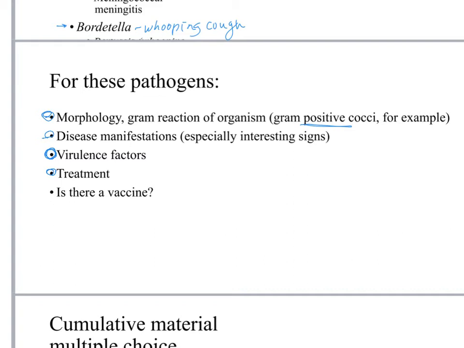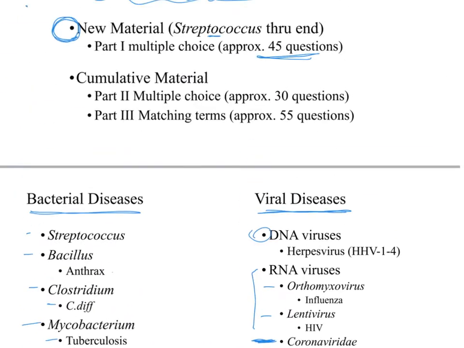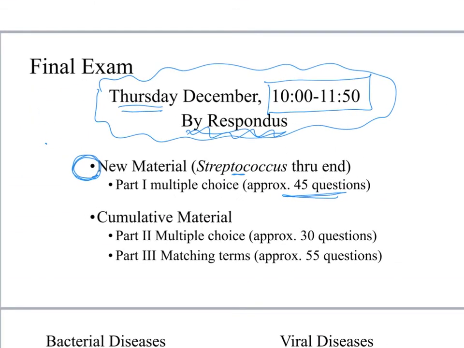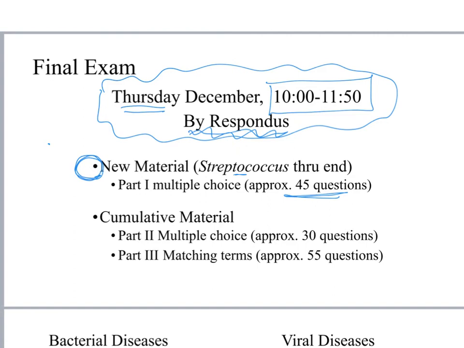So I might throw out, oh, we might use this or this, but that's typically, can we use antibiotics? Does that do any good? Of course, for our viruses, do we have any other options? And is there a vaccine? So if we have a vaccine for that infection, what's the name of it? Is it any good? That type of thing. Okay, so that's, again, the part of the final that will be new material.